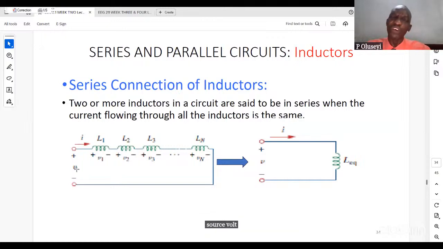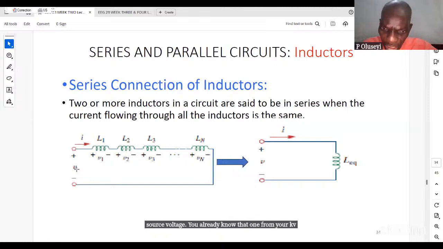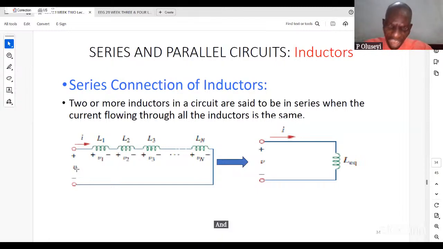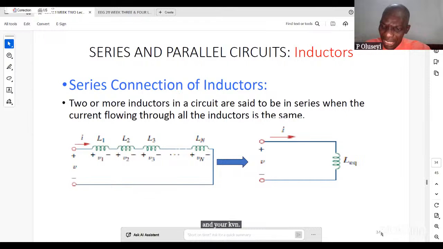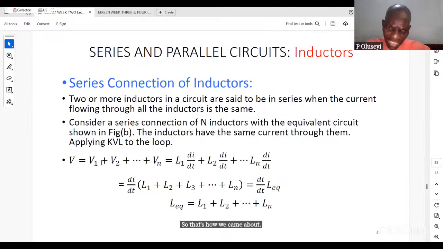You already know that one from your KVL. So it's still applicable here. That's how we came about the first line of our mathematical expression, which is V equals V1 plus V2 plus V3 up to Vn. And you already know that the voltage equation for inductors is L di/dt.